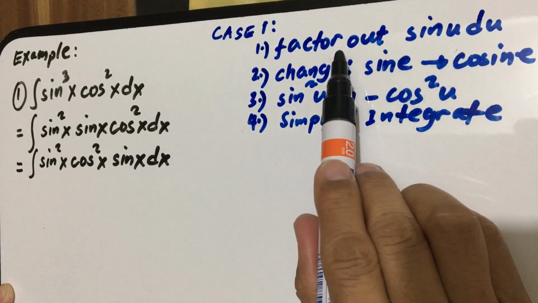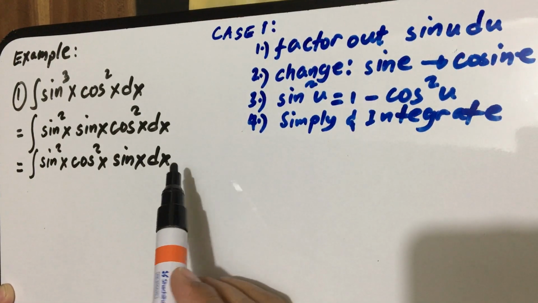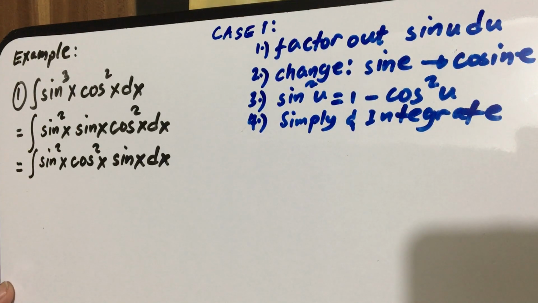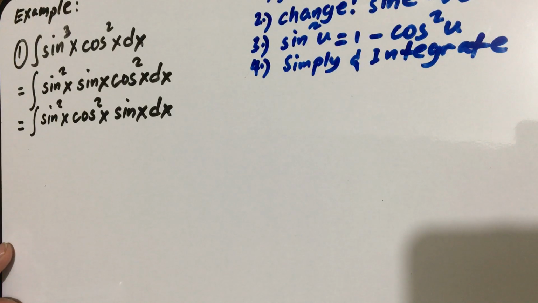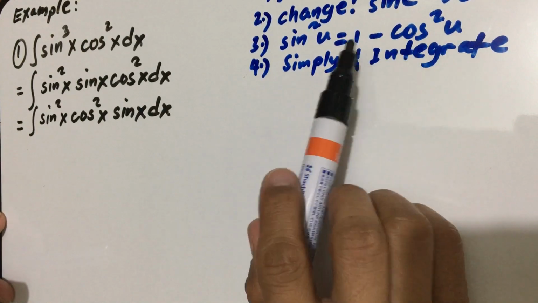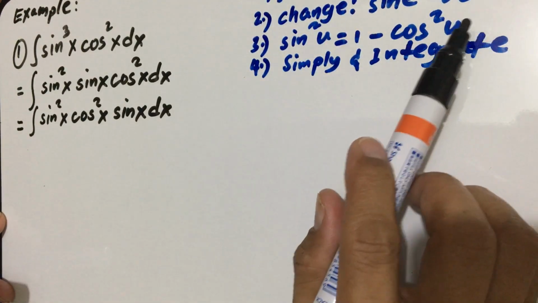So the rule says that we have to factor out sine u du. So in this case, we have here sine x dx. Then after that, we have to use the identity, sine squared u equal to 1 minus cosine squared u, so that we can change sine to cosine.